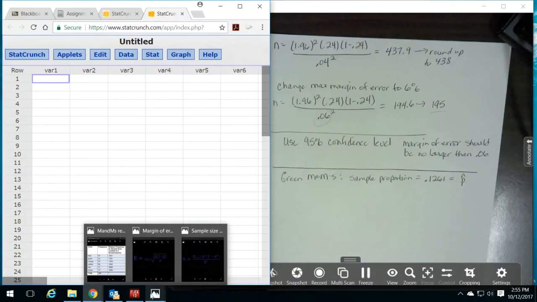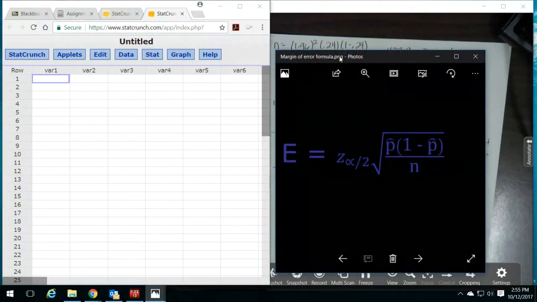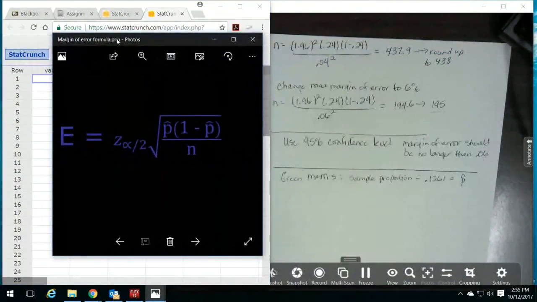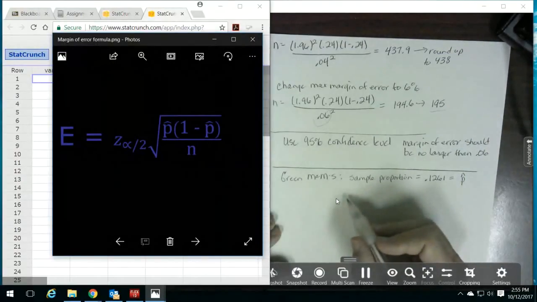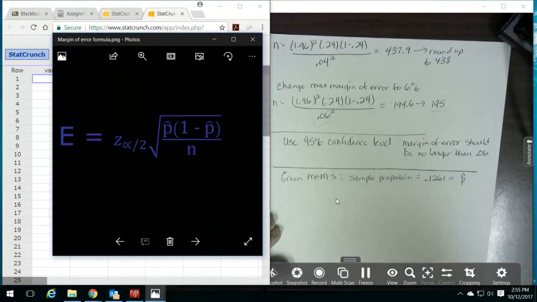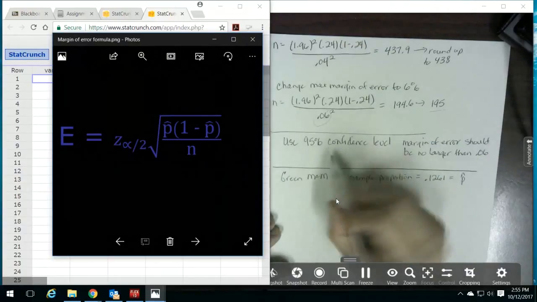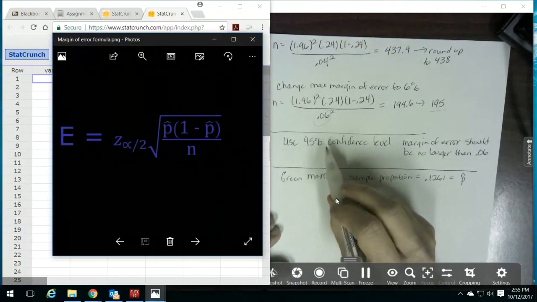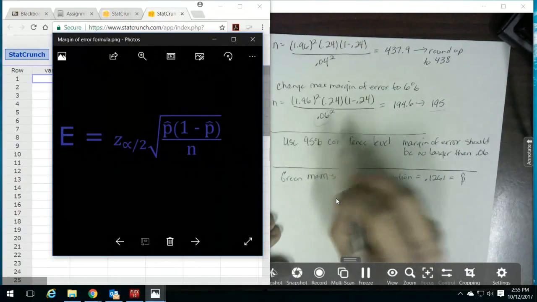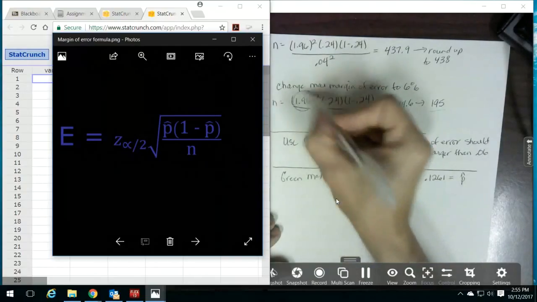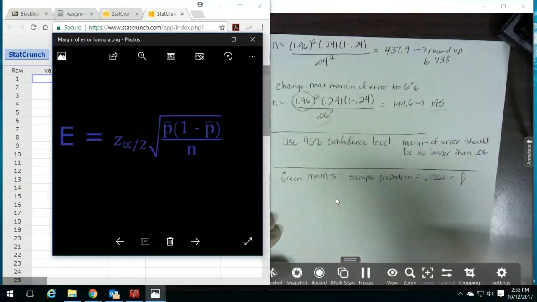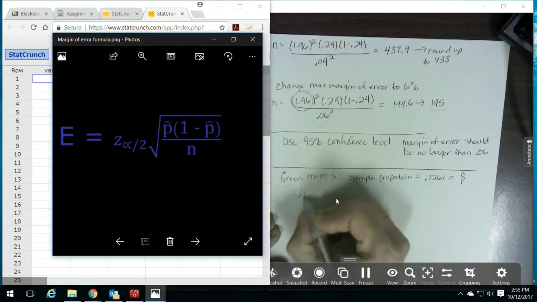Okay, and let's go back to the margin of error formula. This is the formula that I'm going to use. Now the nice thing about this with the design choices I made earlier is that I already figured out my z alpha over 2. It's what I used in the sample size formula, so it's 1.96.